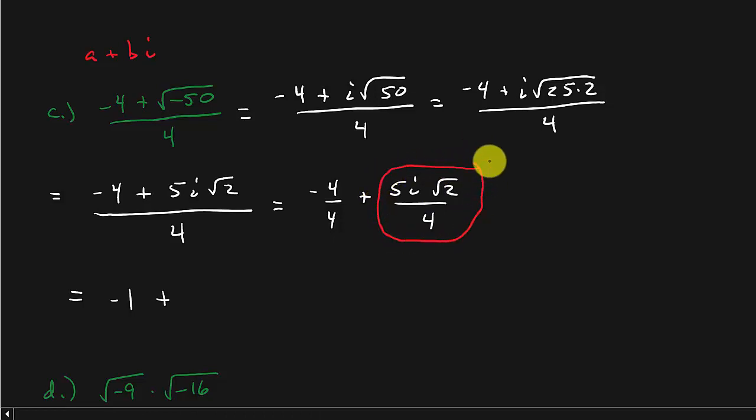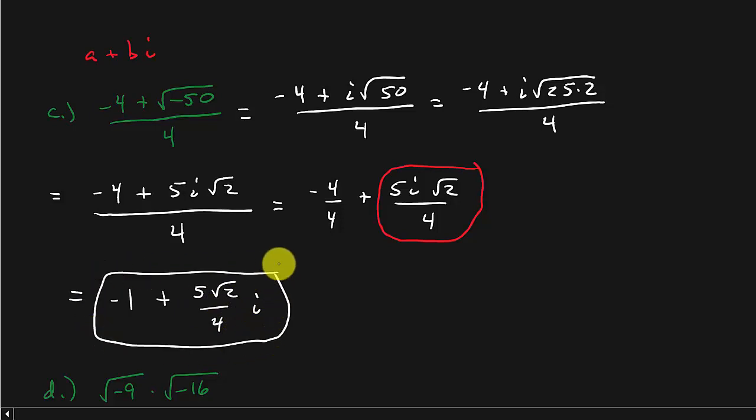That's fine. You may see it written like this: 5 square root of 2 over 4 times i. The reason it would be written like this is we can identify a and we can identify b easily. Okay.